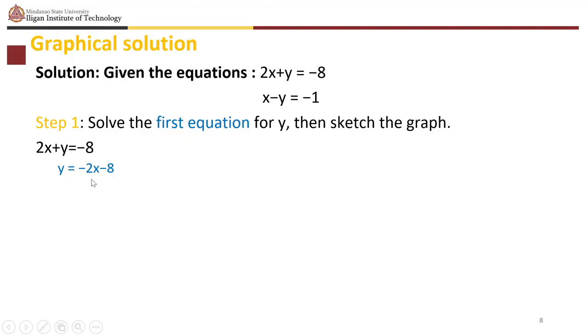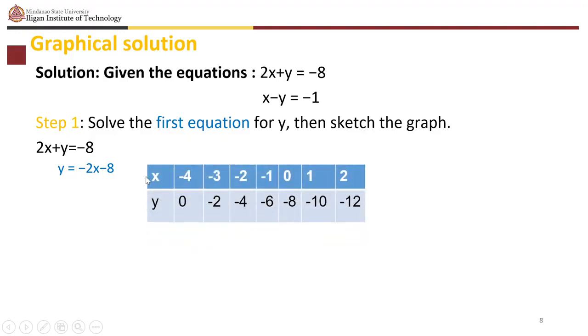And then solving for the values of x and y, we have the following. When x is equal to -4, you can verify that -2 times -4 will give us positive 8, minus 8 will give you 0.